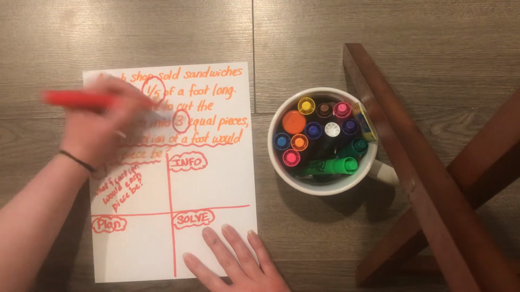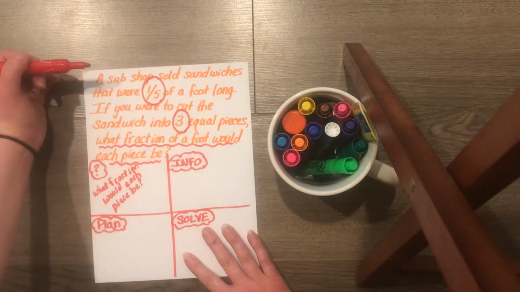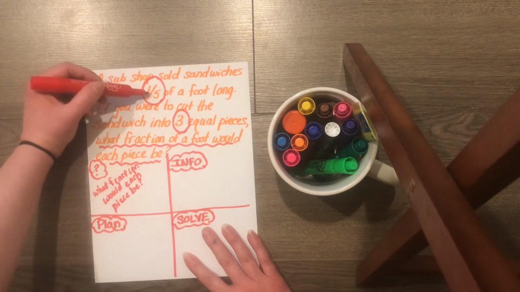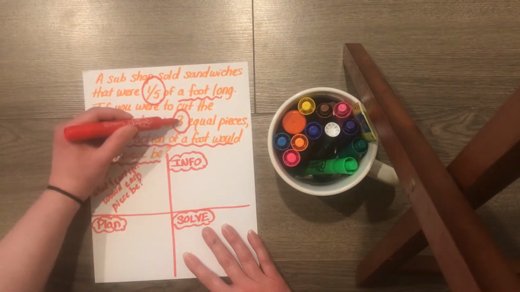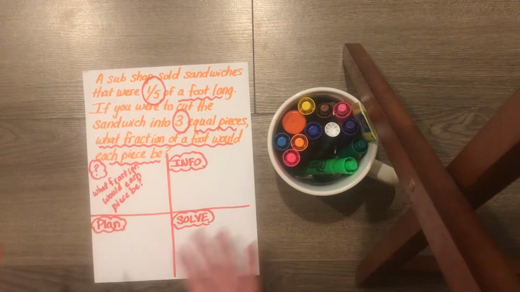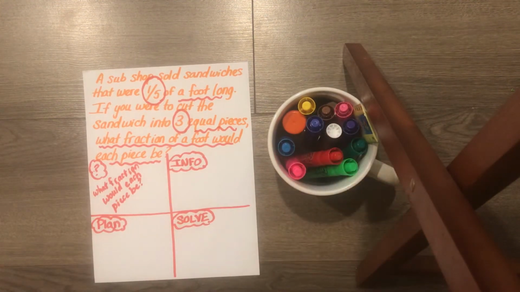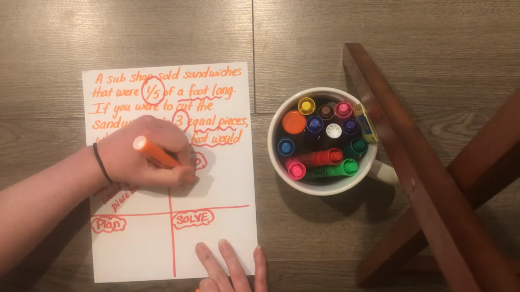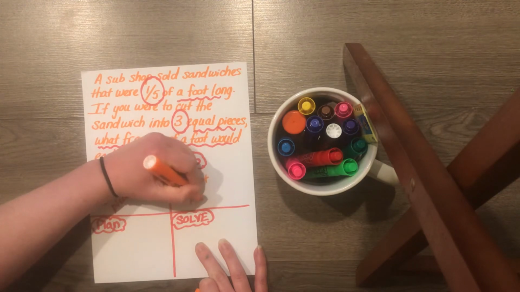I have 2 numbers here, but not only am I going to look at the numbers, but I'm going to pay attention to what the numbers represent. The numbers are 1/5 of a foot long and 3 equal pieces. So I'm going to record that inside my information. 1/5 of a foot long and 3 pieces.